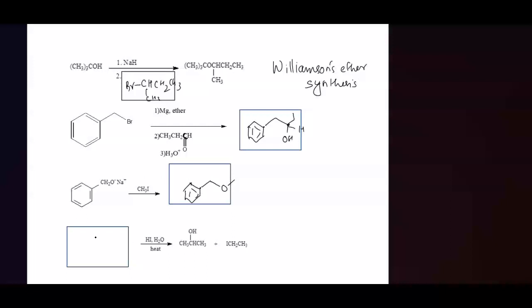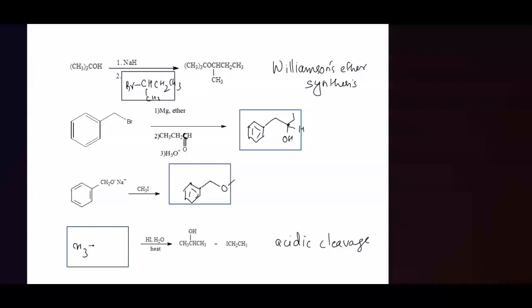The last one on this page is a ring opening reaction of an ether. It's an acidic cleavage of ether. That is the reaction here, and we can draw this as CH3.